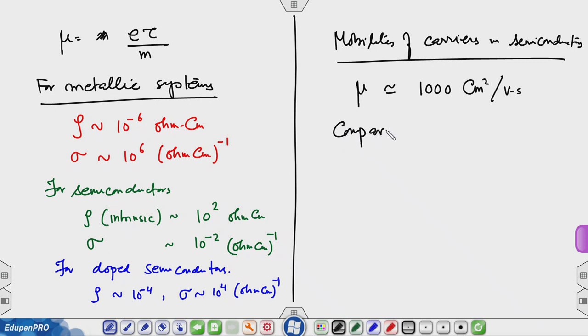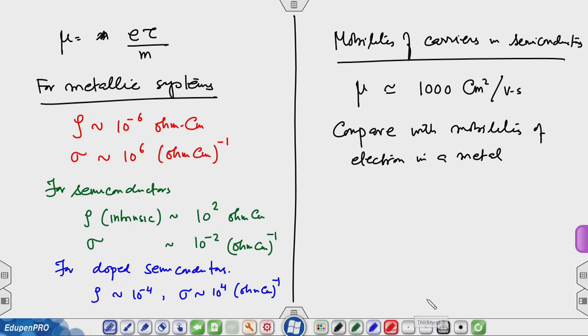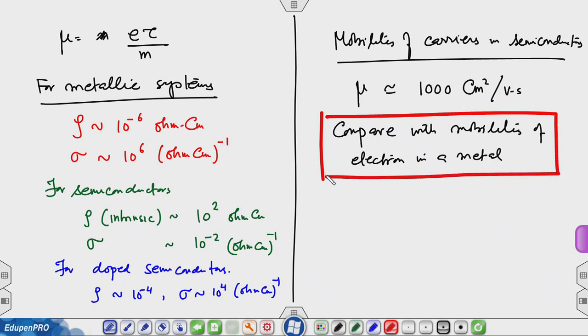Let me give you this question, compare with mobilities of electron in a metal. You will see that in metals mu is roughly smaller by a factor of 10.